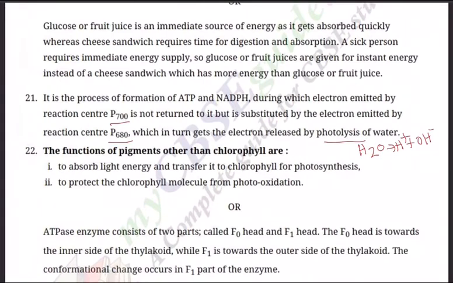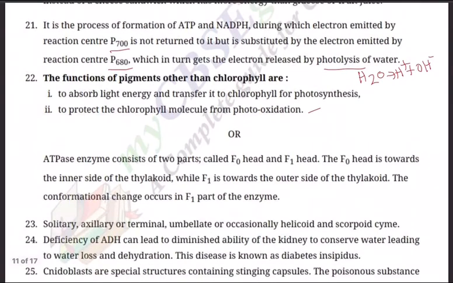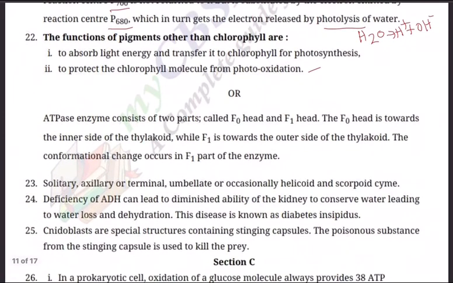And question 22. The functions of pigments other than chlorophyll are: they absorb light energy and transfer it to chlorophyll for photosynthesis, and they protect the chlorophyll molecule from photooxidation. And there is a choice for this question also.